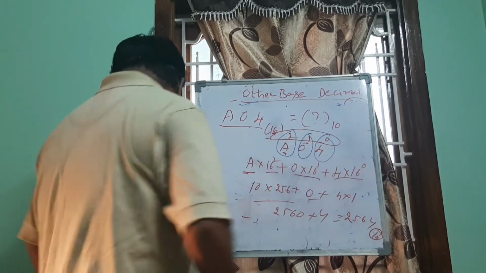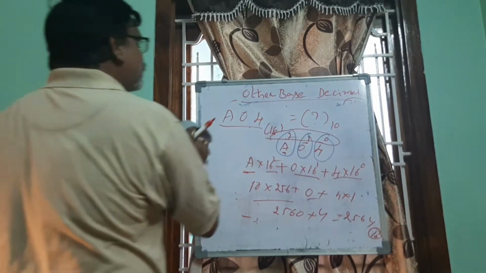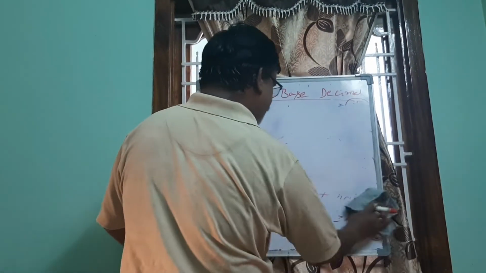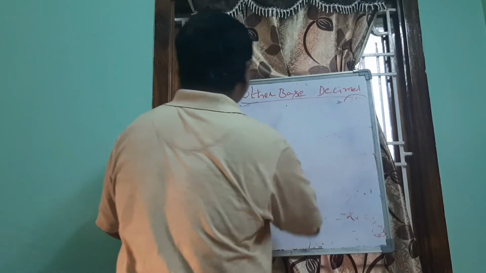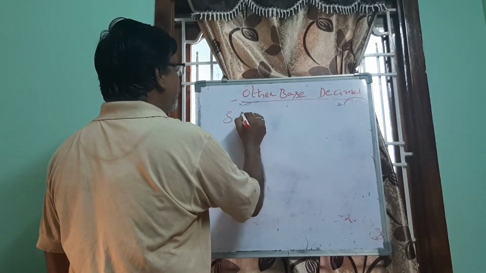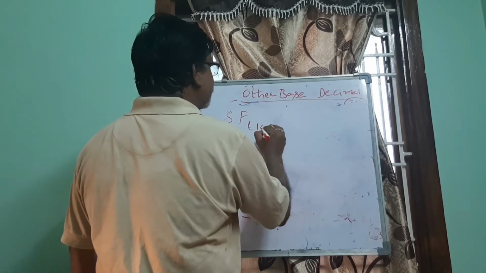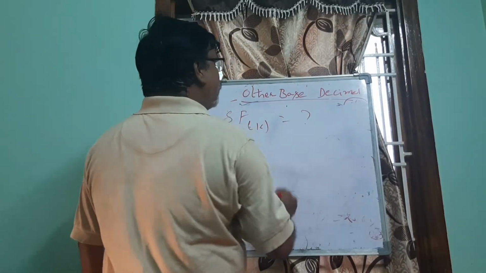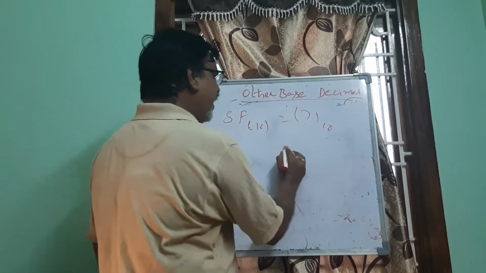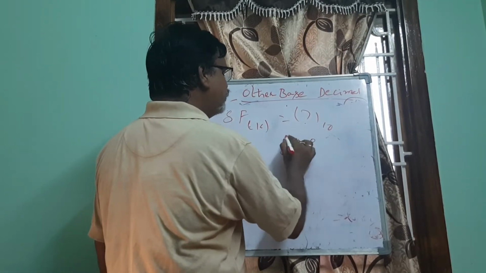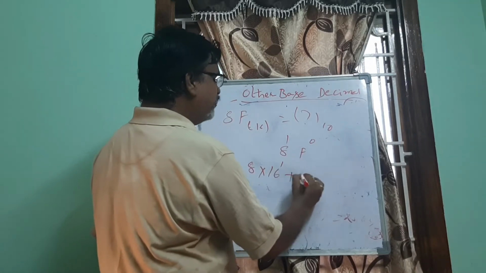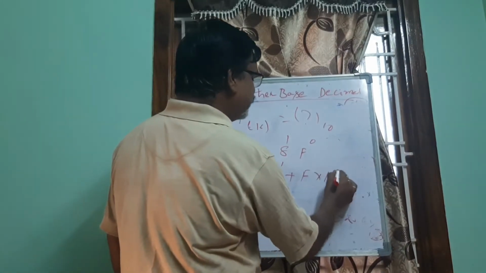For more calculation, take a simple number like 8F of base 16 and find the equivalent decimal number. So here 8 F, 8 into 16 power 1 plus F into 16 power 0.